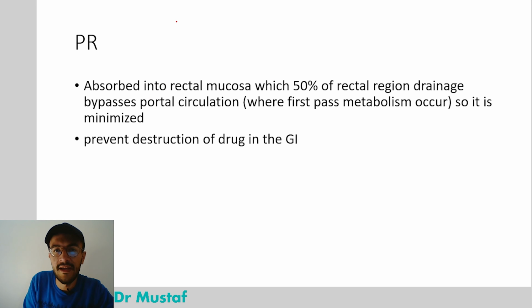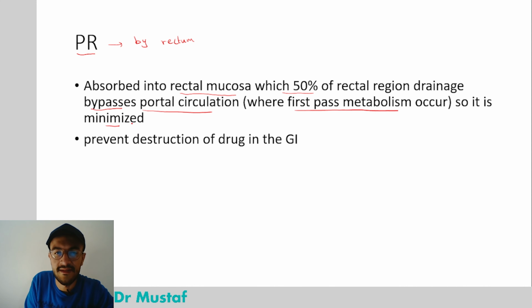Finally, let's talk about the rectal route. The PR is a Latin abbreviation that means by rectum. In the rectal route, the drug is absorbed into the rectal mucosa, of which 50% of the rectal region drainage bypasses the portal circulation, and the portal circulation leads to the liver, where the first pass metabolism occurs.